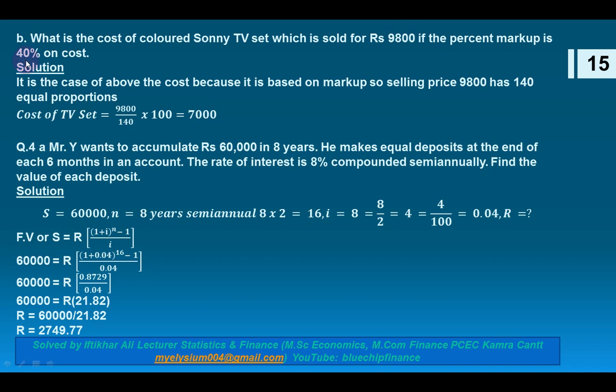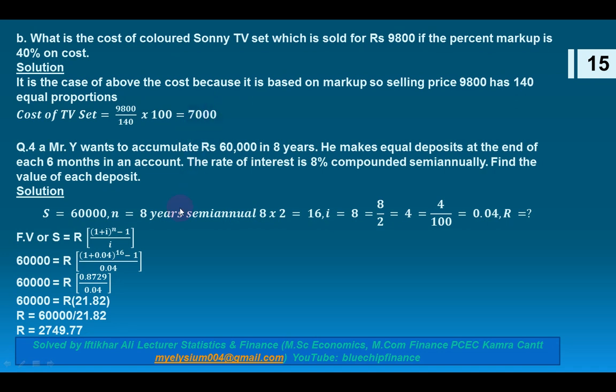So total parts of 9,800 are 140. So we divide this 9,800 by 140 to get one part, and we just simply multiply by 100 to estimate the cost. So 9,800 divided by 140 multiplied by 100, so 7,000 is the cost of the TV set.